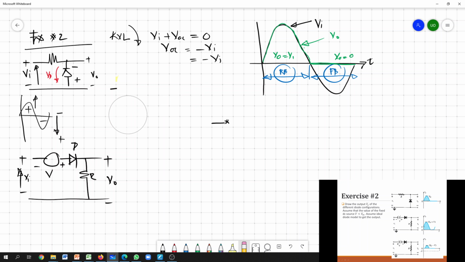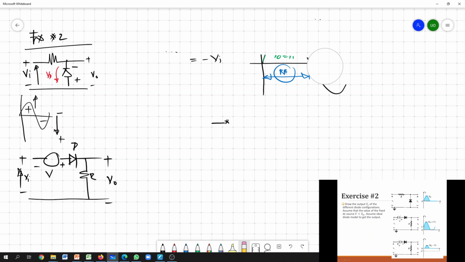See what happens to the circuit then. Okay, so these are the polarities of the diode. So this is the voltage drop across the diode.